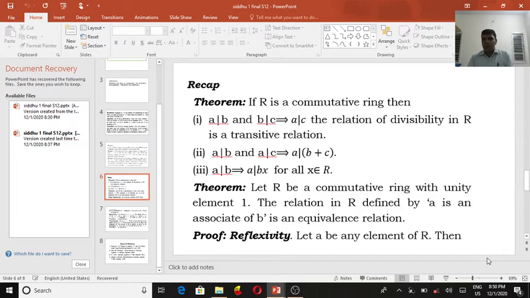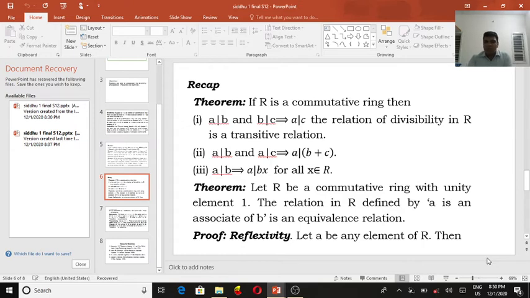Using this, we extend the result. Let R be a commutative ring with unity element 1. The relation in R defined by A is an associate of B is an equivalence relation. What's the equivalence property?